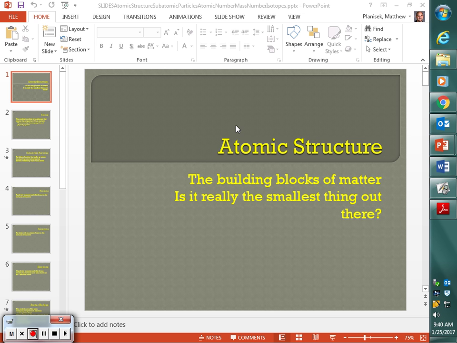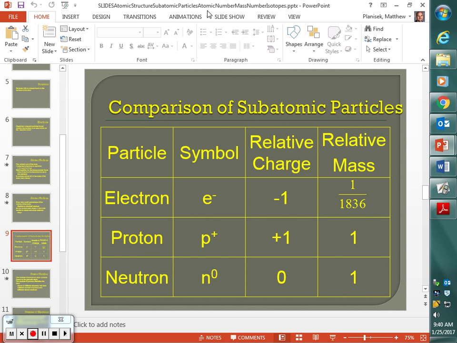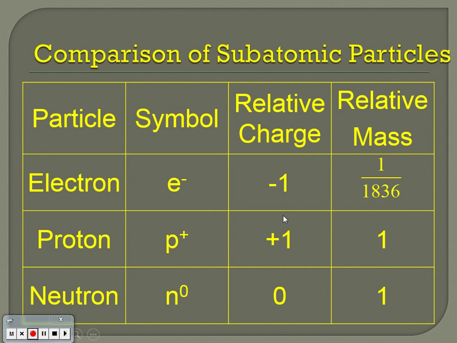So right now you're just going to be responsible for three of them, all right? And this chart summarizes those three subatomic particles, all right? You have that chart on the second page of your outline. So, go ahead and let's write that down for now, and then we'll discuss what it means.